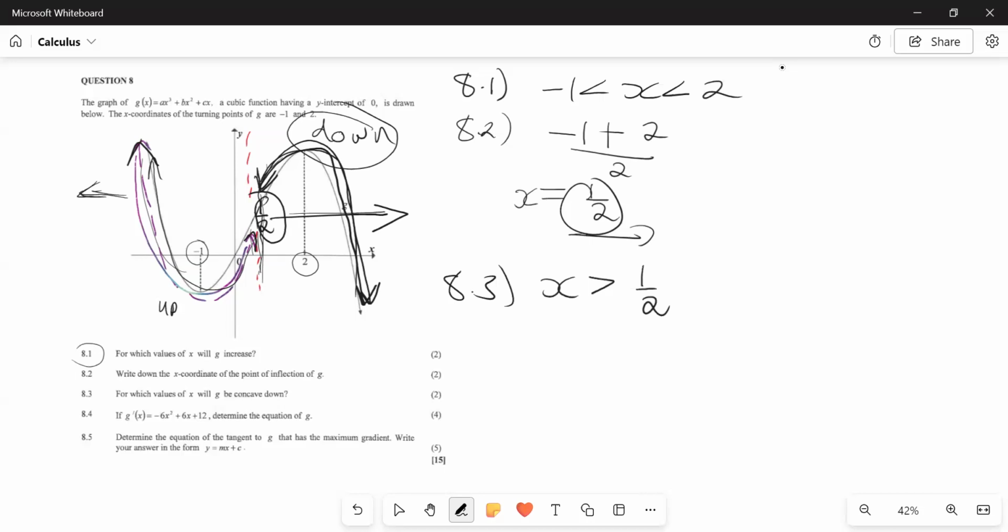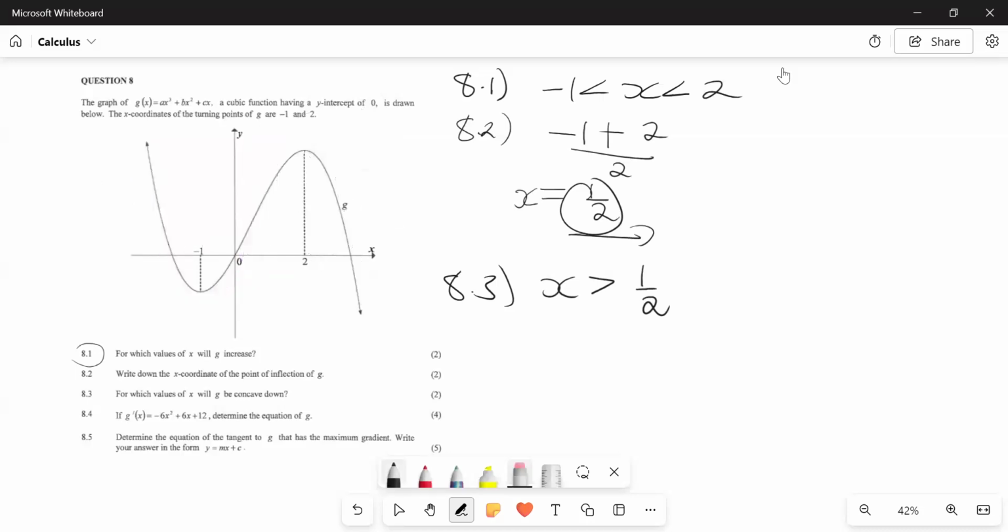Now 8.4, they're saying if g prime of x is equal to -6x² plus 6x plus 12, determine the equation of g. Okay, perfect. No stress. So now we're looking for the equation of g.